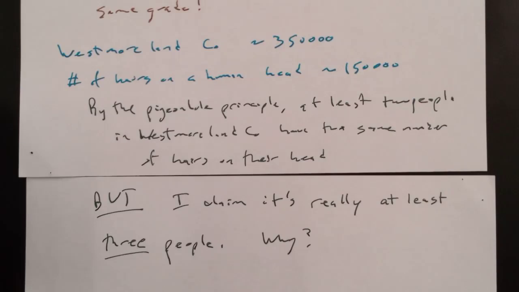How can I guarantee there's at least a third person? Let's think smaller numbers for a minute.